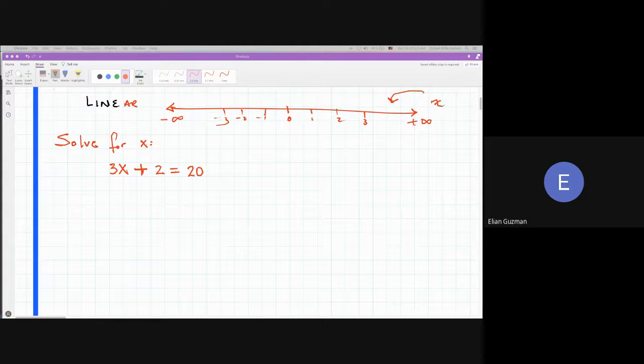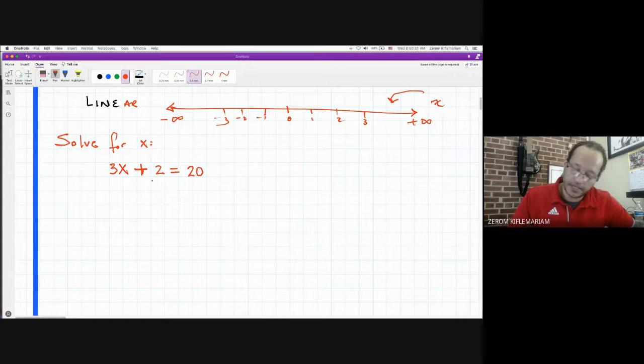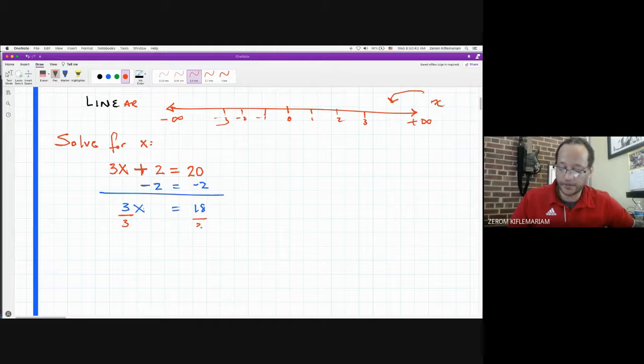Yeah, I can hear you. What would be the answer? X equals 6. How do we do it? We go ahead and take away 2 equally, and we have 3x equals 18. Then we divide by 3, and my answer would be x is equal to 6.